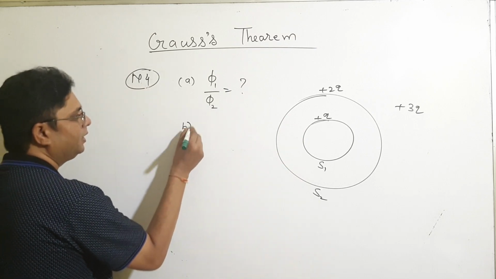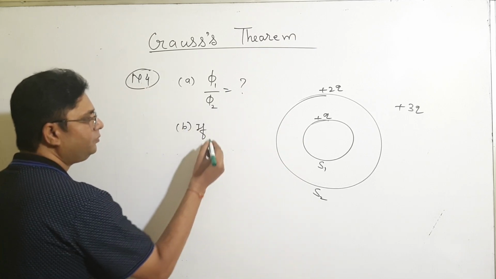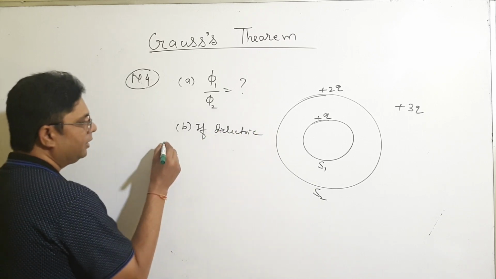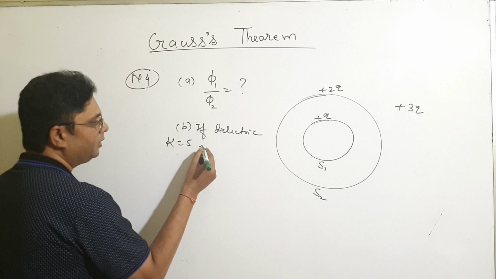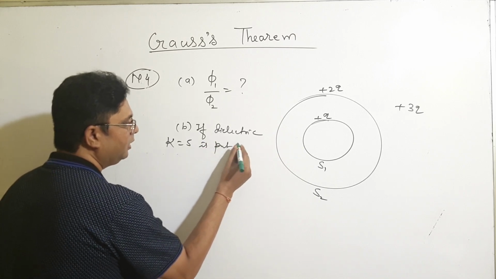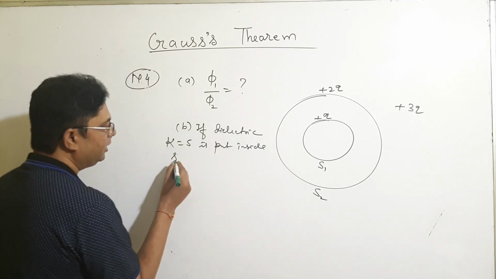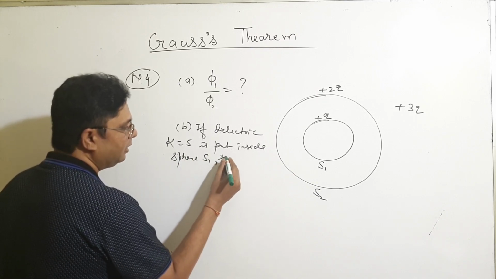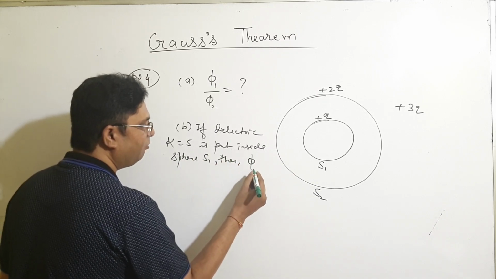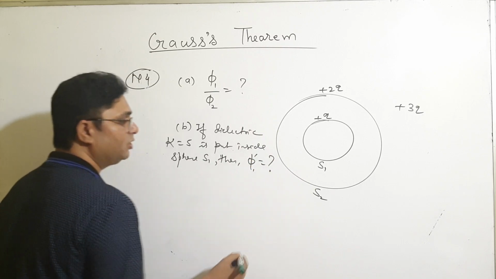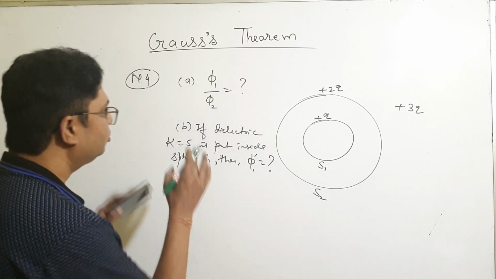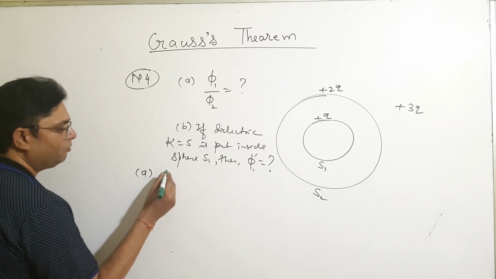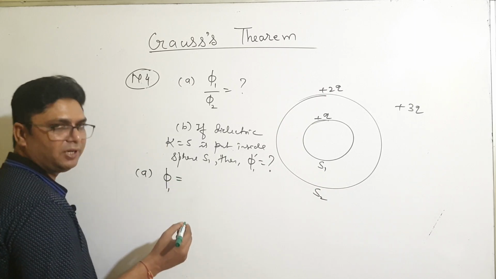Second, if a dielectric K equal to 5 is put inside sphere S1, then what will be phi 1 dash, the new flux through sphere 1? For solving this question, in part A, first you have to find the flux due to the first sphere.